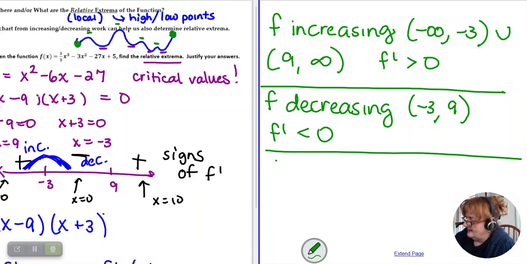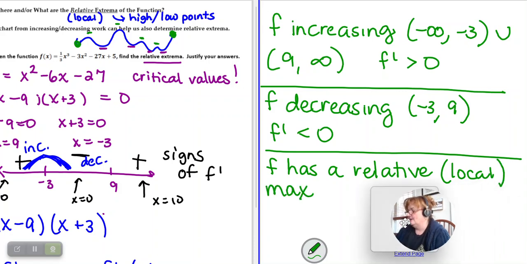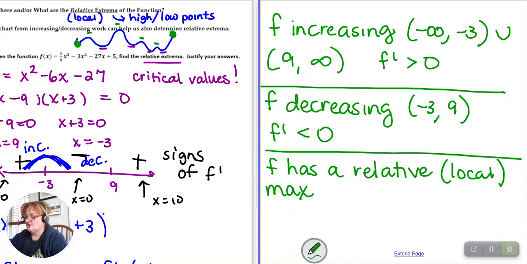I can also say f has a relative, or you can use the word local, max. And you want to make sure you're clear whether it's a max or a min. Extrema is generic, so you want to say if it's a min or a max. In this case, we're going to talk about it being a max.